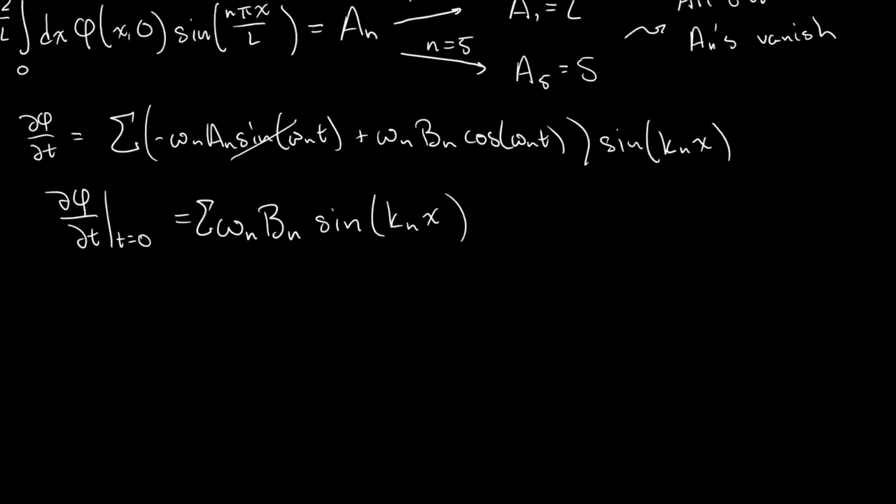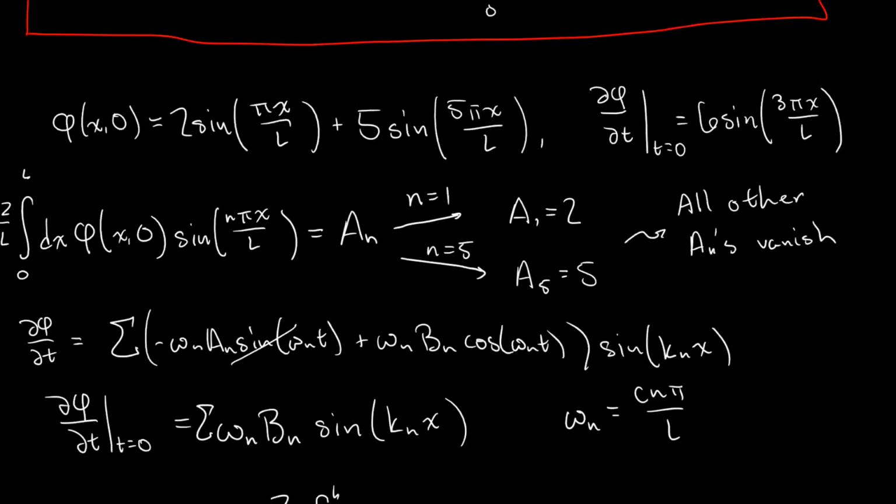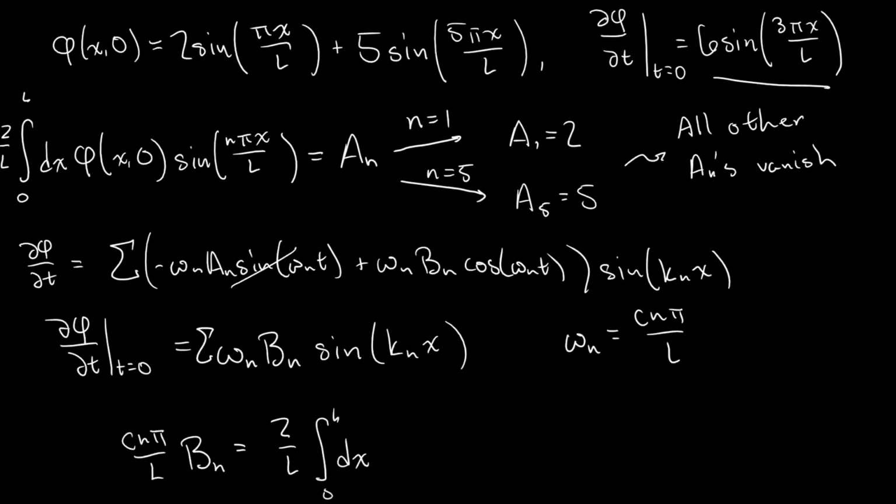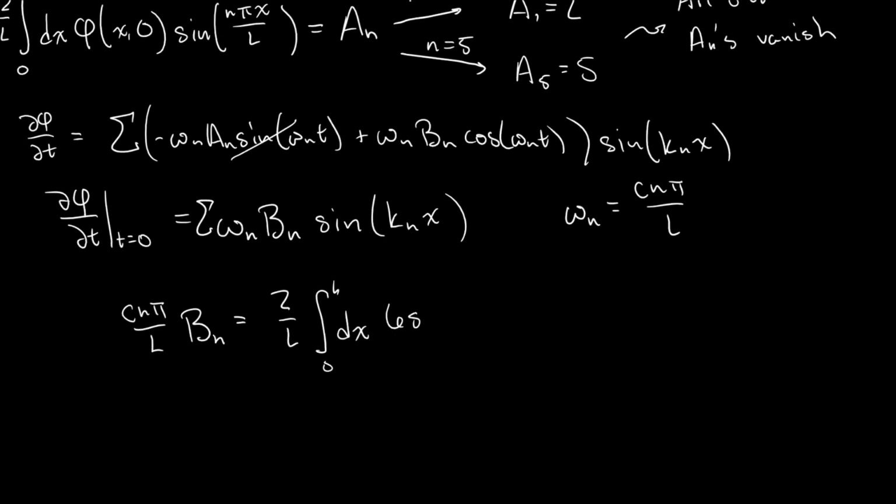This is easy enough, remembering that omega n is c n pi over L. I get that c n pi over L times b sub n is 2 over L times this integral from 0 to L dx, and our time derivative at t equals 0 is given by this. So this is 6 sine of 3 pi x over L times sine of n pi x over L.